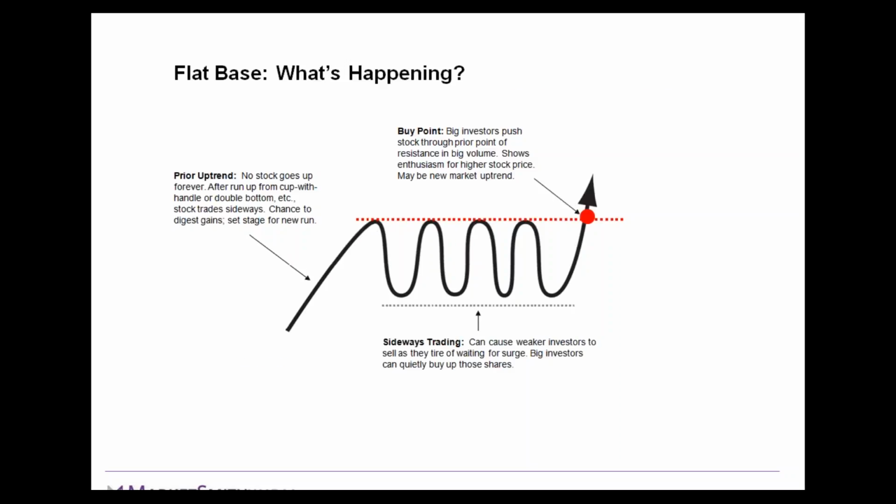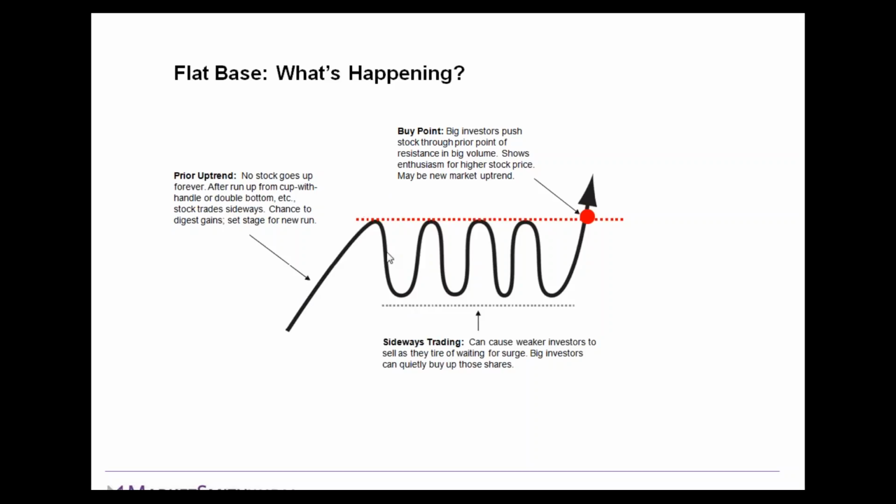Okay, so what's happening in a flat base? There is of course a prior uptrend. So this is a stock that has been rallying for some time. Of course, no stock goes up forever. It will rally for some time and it will take a break and consolidate for some time. And so it's a kind of sideways trading that we see. So when the stock trades sideways, people might have bought it during that rally.